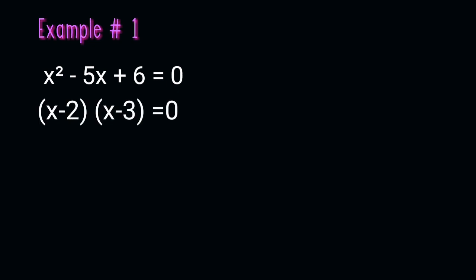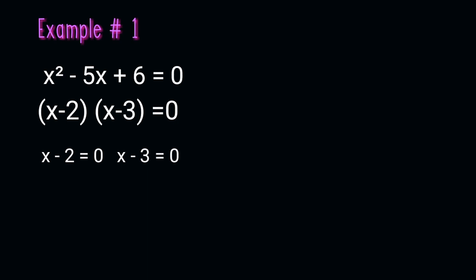Example tayo. If we have the equation x squared minus 5x plus 6 is equal to 0, pwede natin itong i-solve by factoring. By factoring the x squared minus 5x plus 6, you will have binomials (x minus 2) times (x minus 3). Then using the zero product property, you have x minus 2 is equal to 0 and x minus 3 is equal to 0.